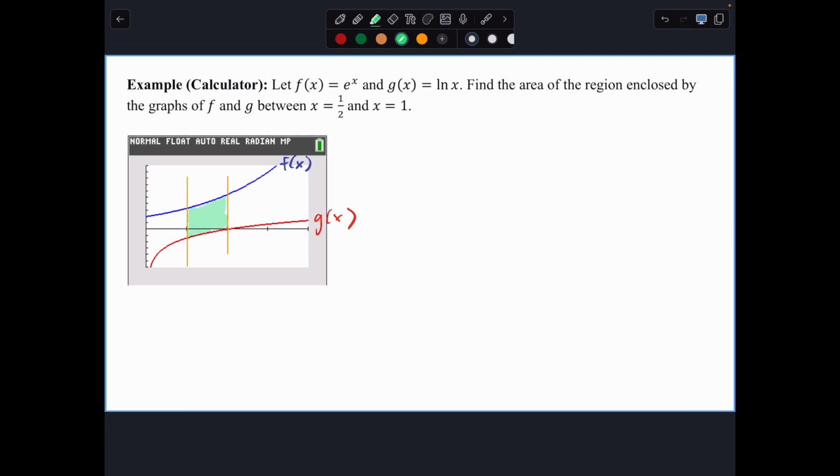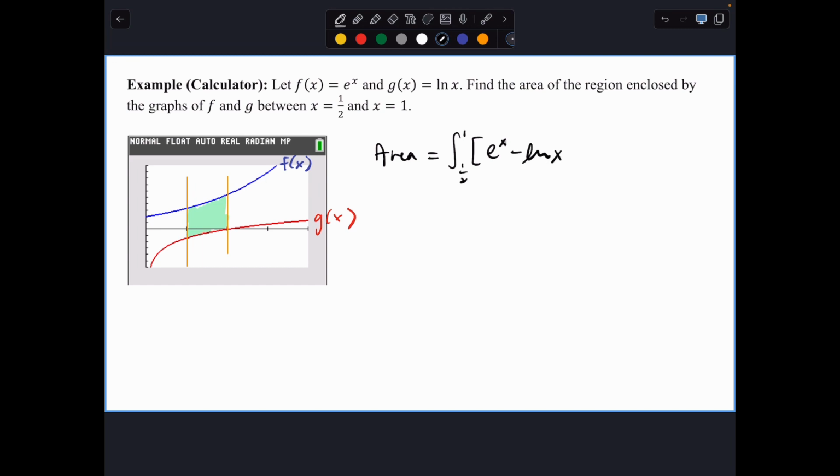So our area would be represented as the integral over what interval? 1/2 to 1 of the top function, e to the x, minus the bottom function.